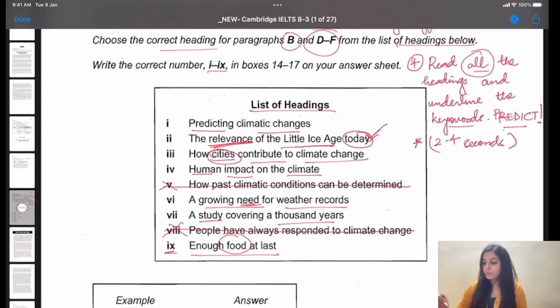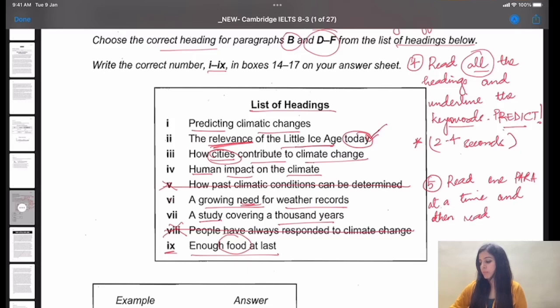Let's move on to the fifth step or fifth point. So once we're done with this, we read one paragraph at a time. Then read all the list of headings and start eliminating.